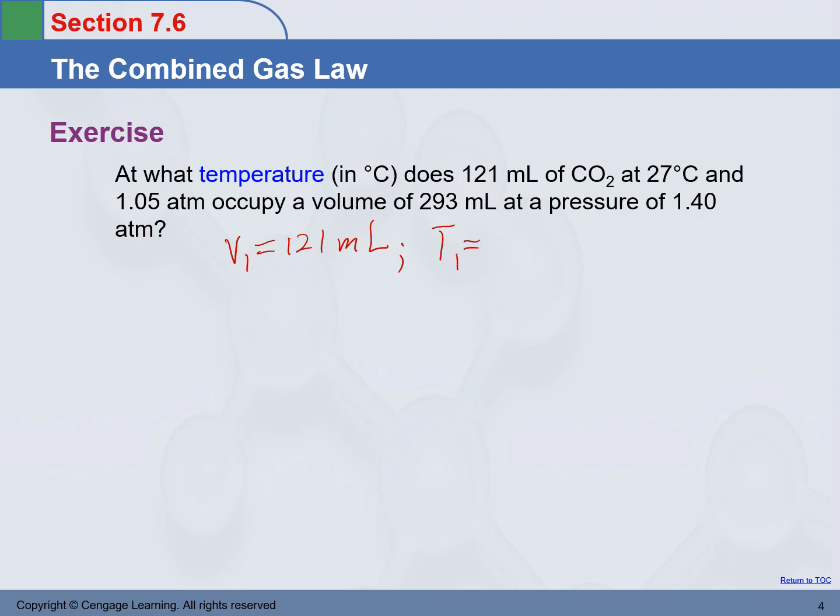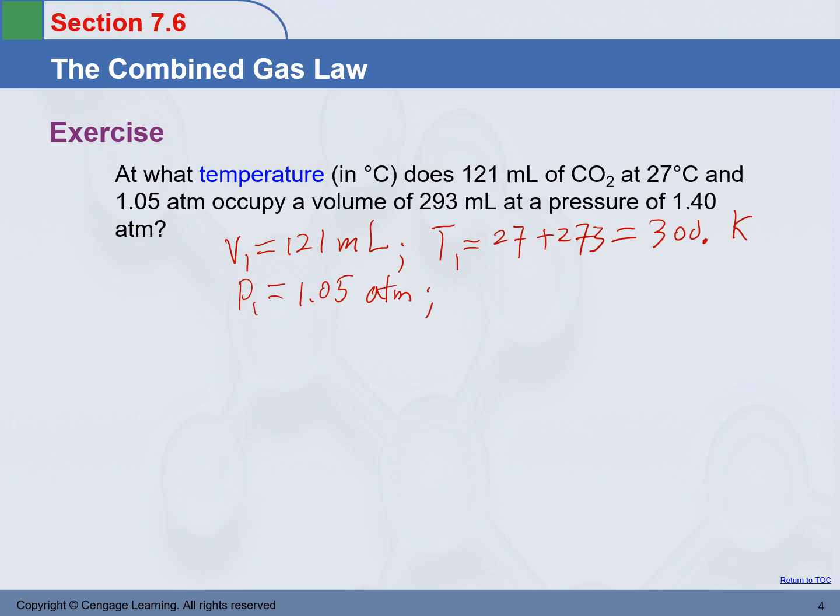T1 equals 27 plus 273, which is 300 K, and P1 equals 1.05 ATM.